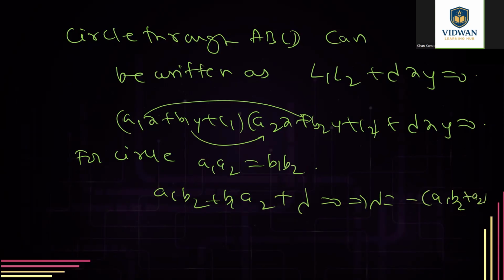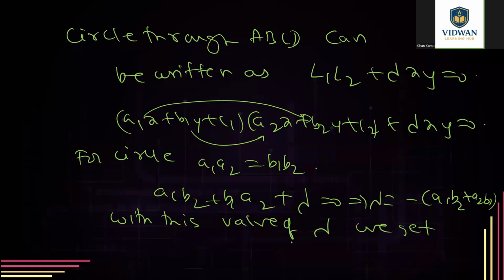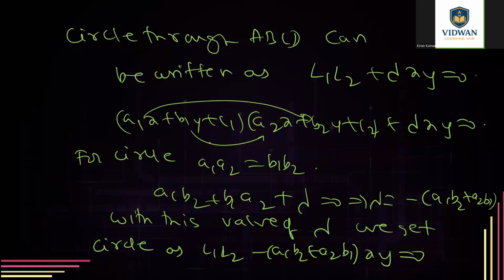After you get this value of lambda, you have to substitute this back here to get the circle. So with this value of lambda, we get the circle as L1, L2 plus what is lambda? This value, minus of a1, b2 plus a2, b1 into xy is equal to 0. L1, L2 means that multiplication I have to mention. I wrote in short form.